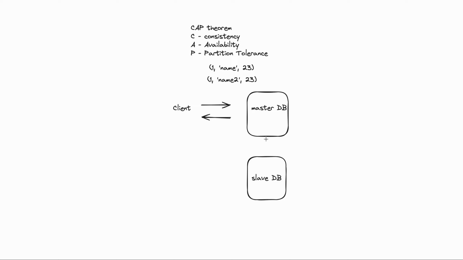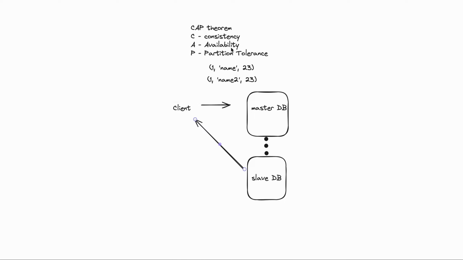Whenever we insert a record, the data is replicated into the slave DB asynchronously. So we insert this record, and it is replicated here. Again, this data is replicated here. Now we can read the data from the slave machine instead of the master machine. This is our setup now.